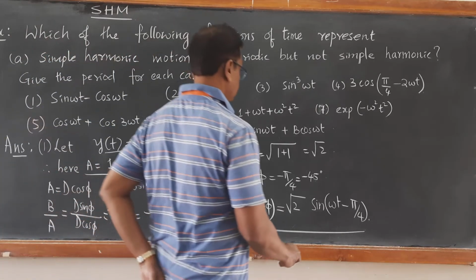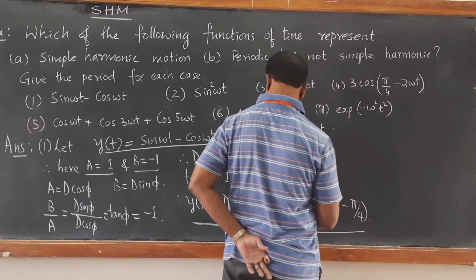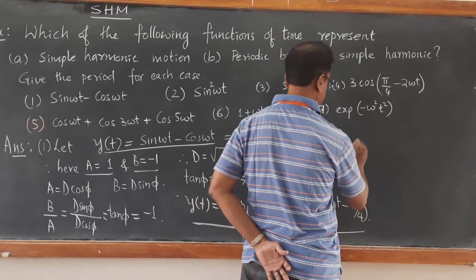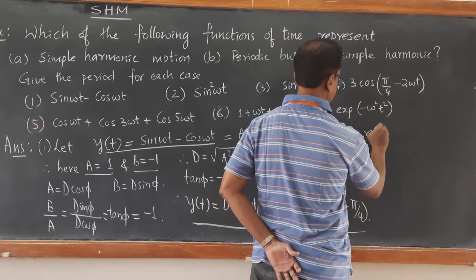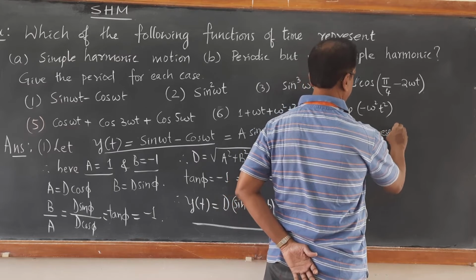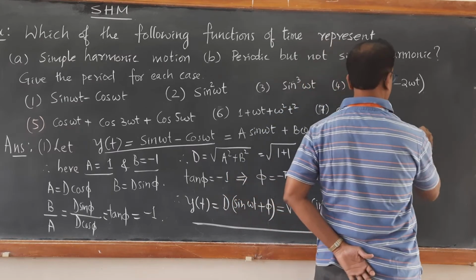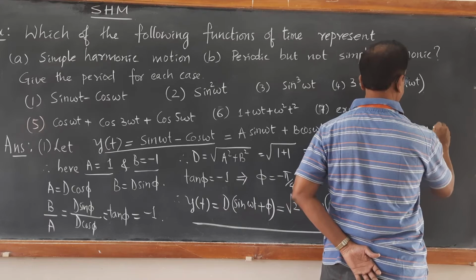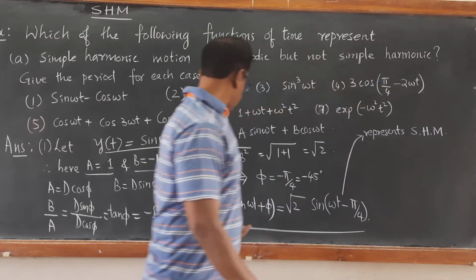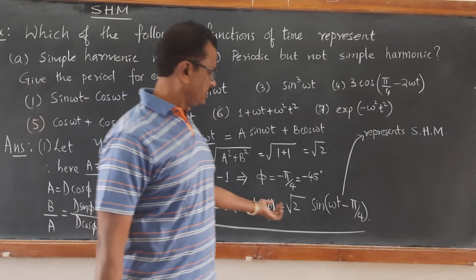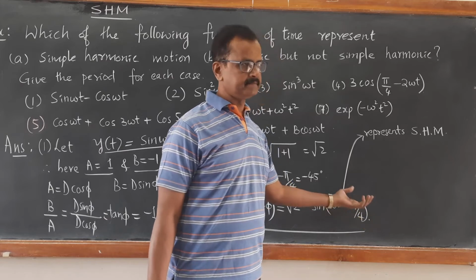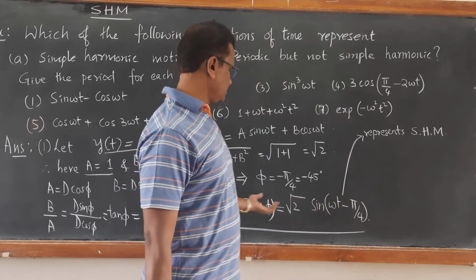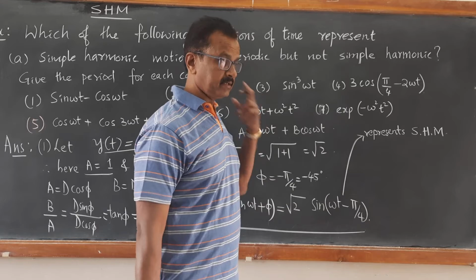Therefore, this is of the standard form. So this represents simple harmonic motion, SHM. Since it is of the standard form, x(t) equal to a sin omega t plus phi or x(t) equal to a cos omega t plus phi, right?